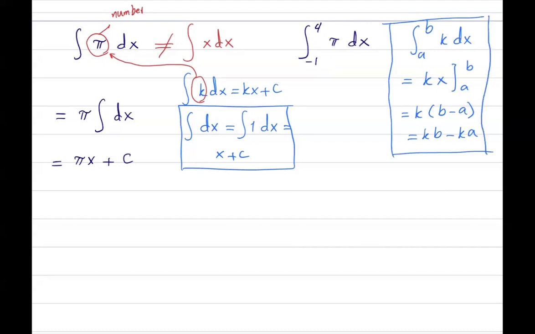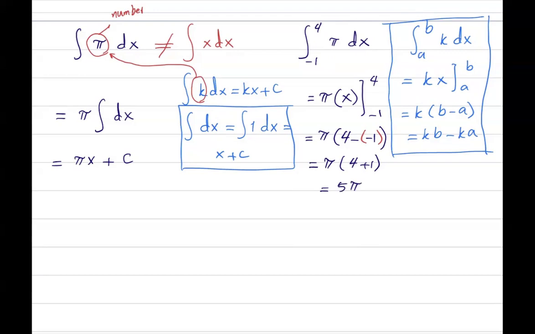So following the formula here, you get pi times x, and your x ranges between -1 and 4. So you have pi times 4 minus, just be careful here, use parentheses, -1 goes inside parentheses. So you have pi times (4 plus 1), or 5 pi.